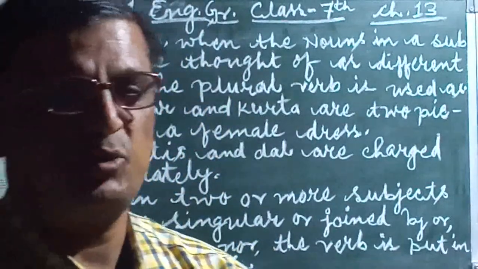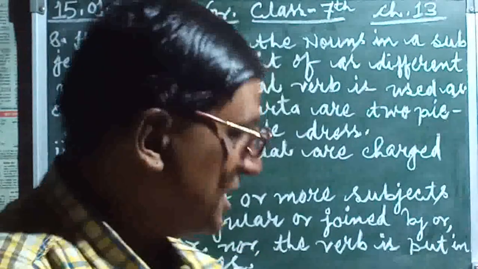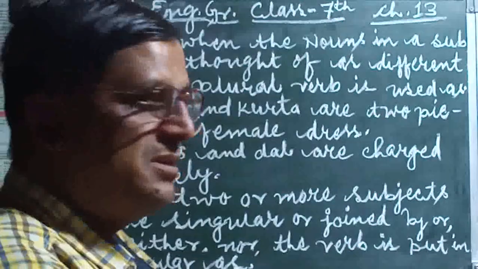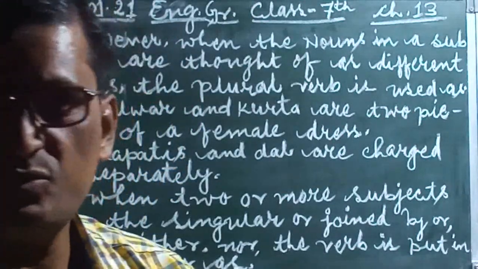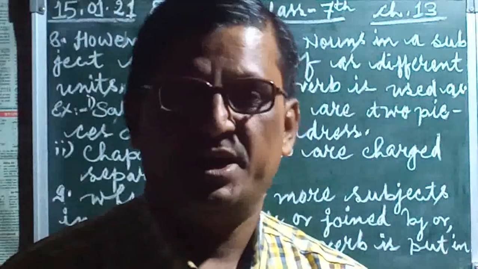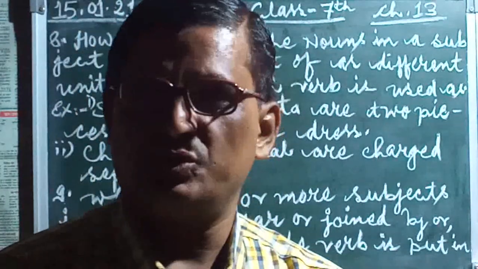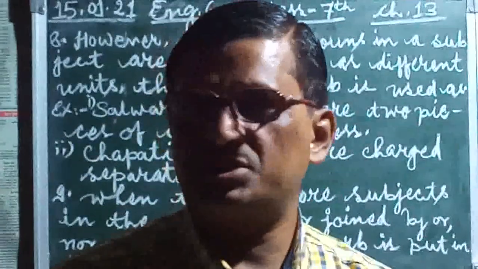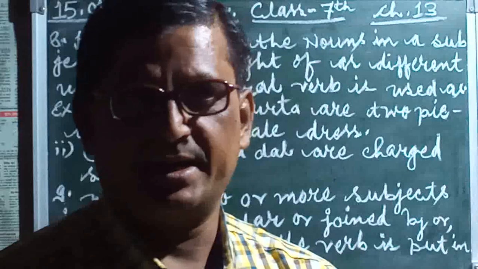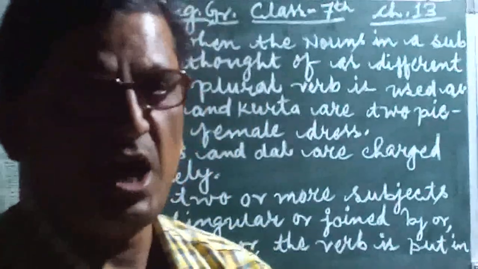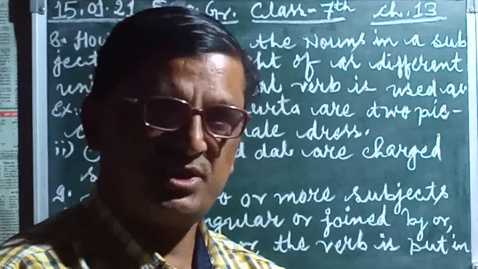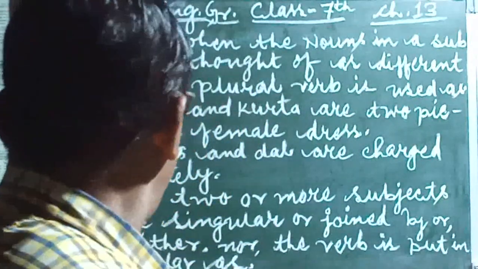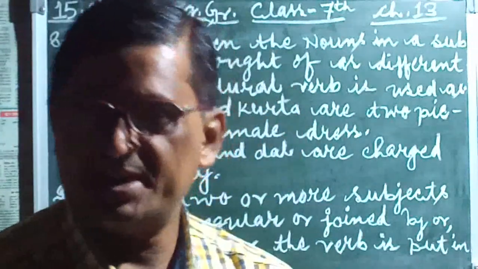Today, once more, I am going to start lesson number 13, English grammar and subject verb agreement. In the previous lecture, we studied some structures of subject verb agreement, and today I am going to take the structures of subject verb agreement number 8, 9, and 10 also.